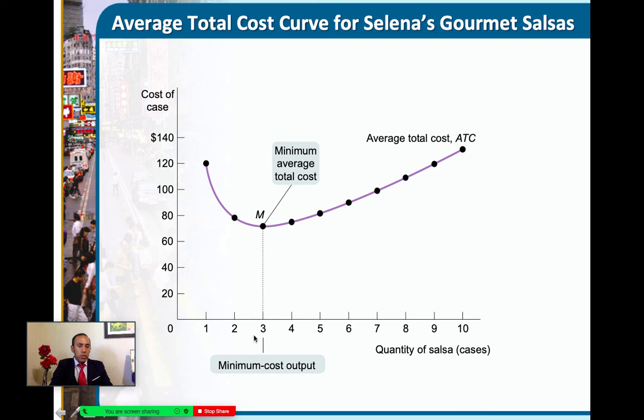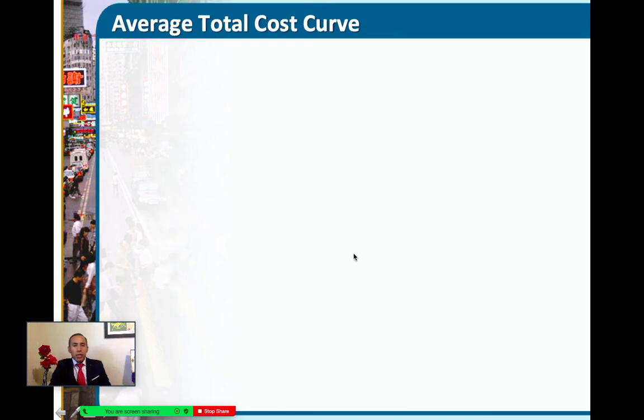So if you look at the average fixed cost, we can consider it as quadrant 1, and average fixed cost plus average variable cost makes up the average total cost here, since they're added together.